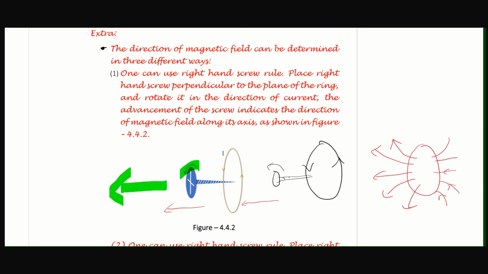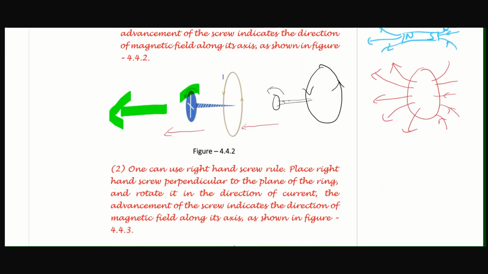You can also compare it with a bar magnet. If you take a small bar magnet with north pole here and south pole here, the magnetic field will be very similar. So you can say that the bar magnet and the ring have some analogy, some similarity.